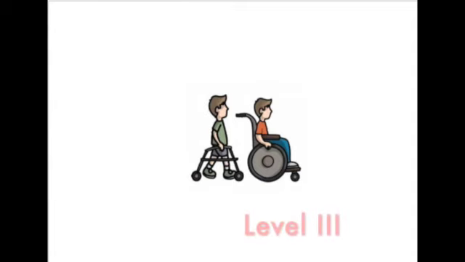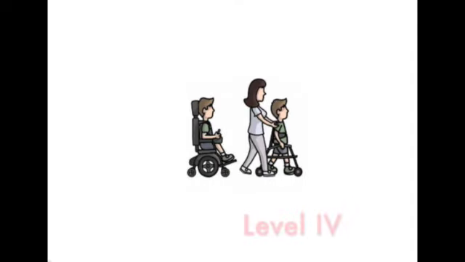Children at level 3 use a mobility device, so they might use a walker or sticks or crutches, and that's in indoor settings. They may be able to climb stairs using a rail with some help, and they're likely to use a wheelchair when out and about in the community. Children at level 4 require assistance from someone else for their mobility.